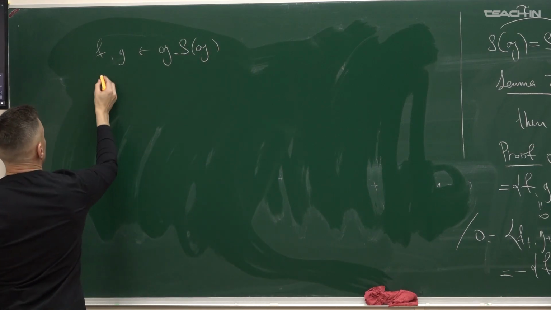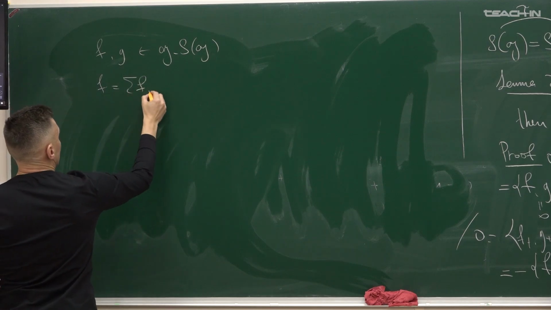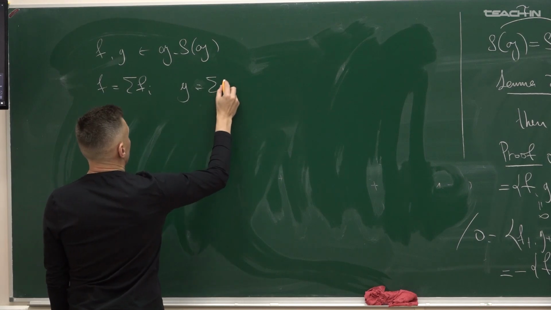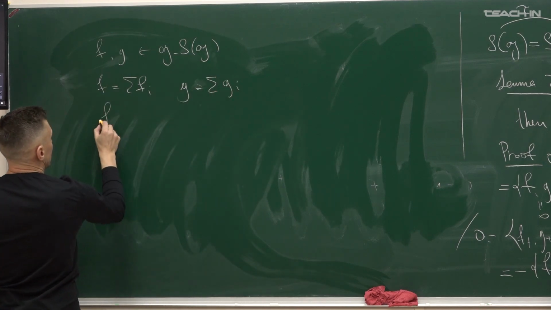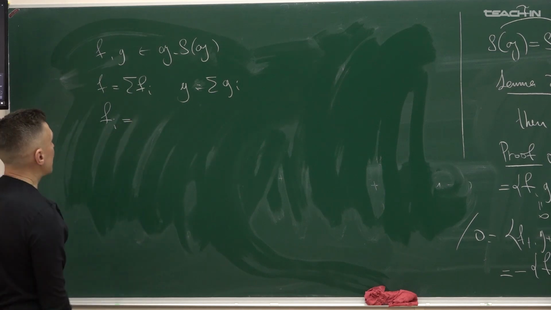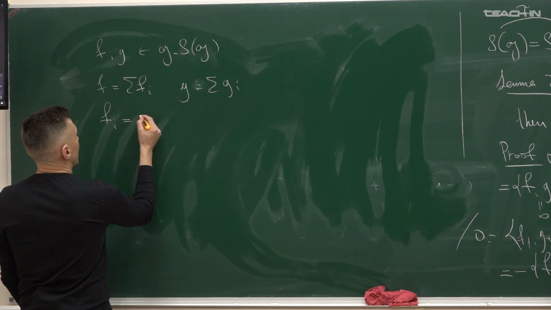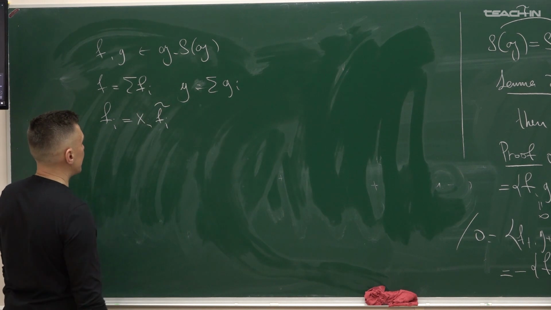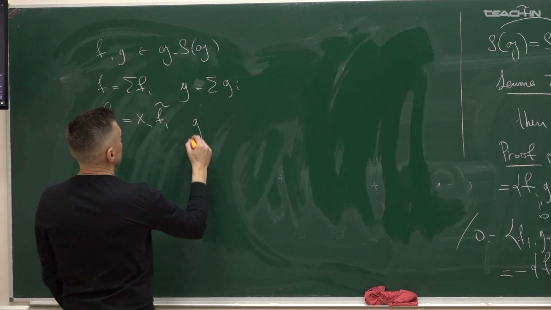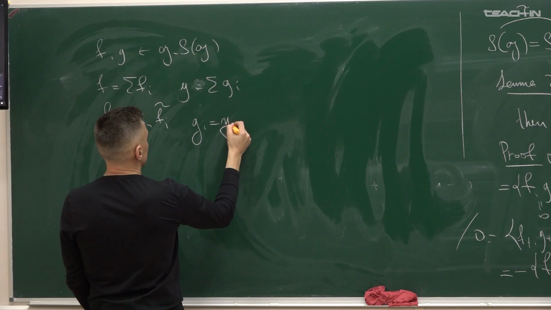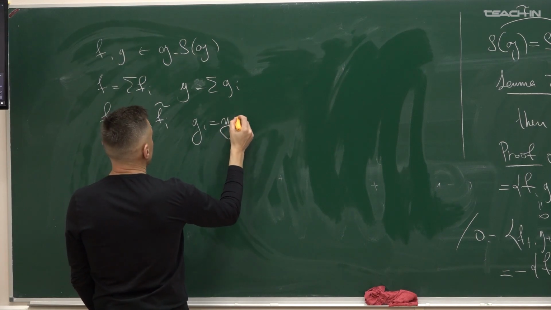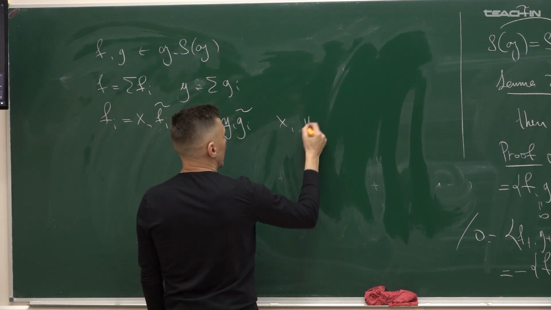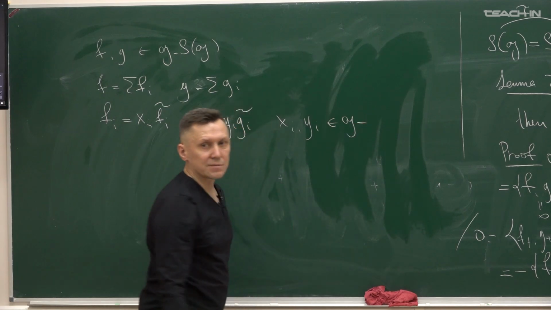It means that f is a sum of monomials, and g is a sum of monomials, and each monomial fi is an expression of the form xi fi tilde, and gi is an expression of the form yi gi tilde, such that xi and yi are elements of G minus.